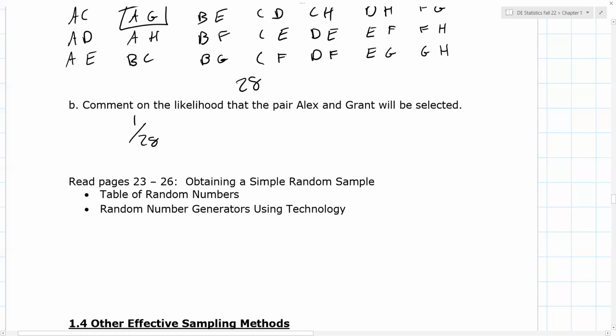You'd put the piece of paper down, put your pencil above it, randomly drop your pencil, and whatever number it hit was your starting random number. And if you needed more than one, you just started moving down rows on that piece of paper to find however many random numbers you needed. Technology has come a long way. We have much better random number generators than that now. That is the end of 1.3.